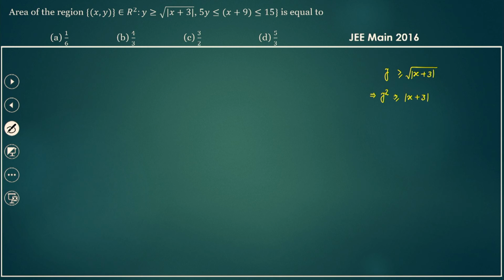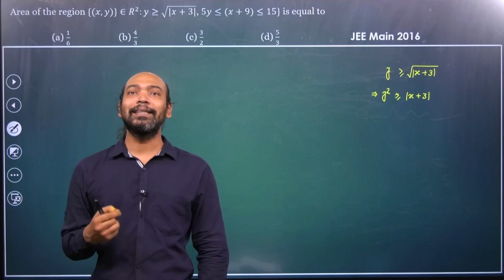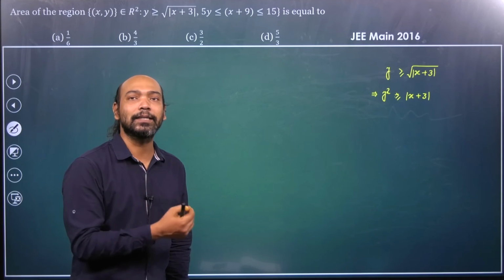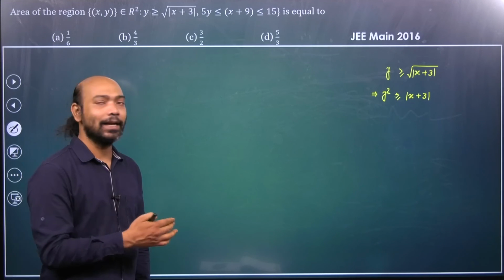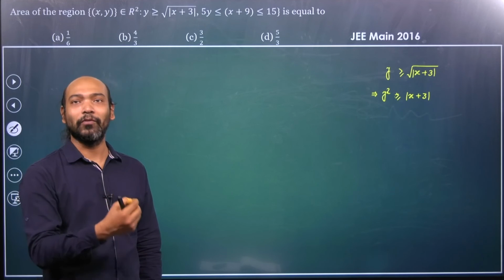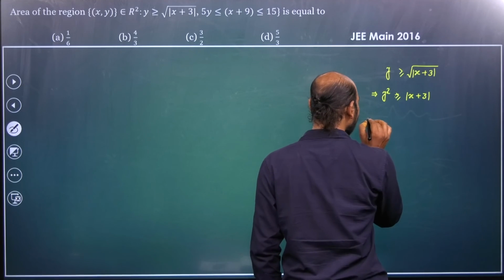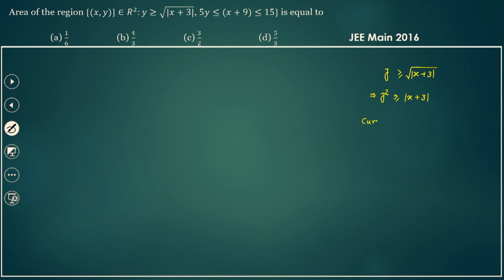Okay, so that's our particular problem, and we are going to understand what that curve is. Here it depends on the value of x. So we consider our curve 1, and curve 1 is y square equal to mod of x plus 3, which we are required to draw.